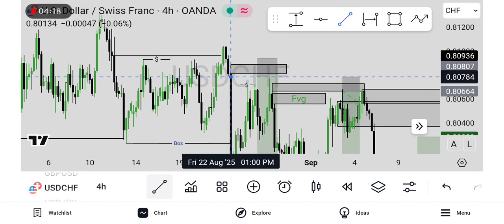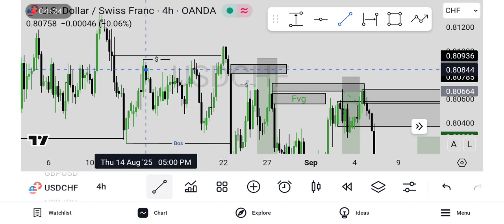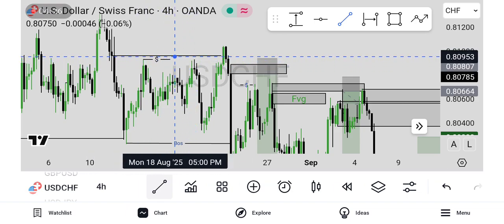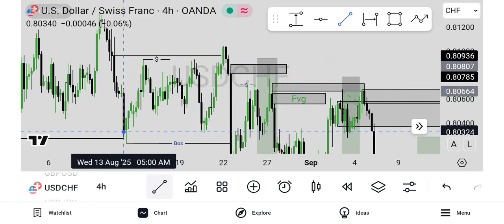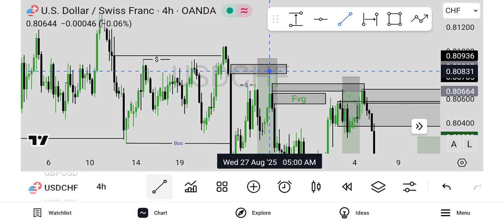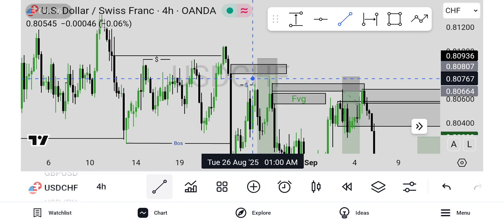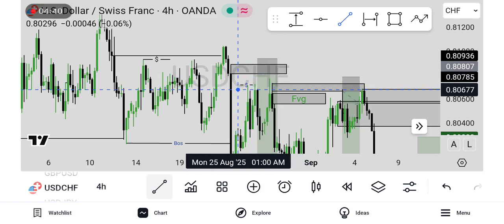If you look, price swept this available double top liquidity, then broke structure. That was why I drew this supply block, expecting price to react from there, but price did not tap me in, and I looked for another supply block.